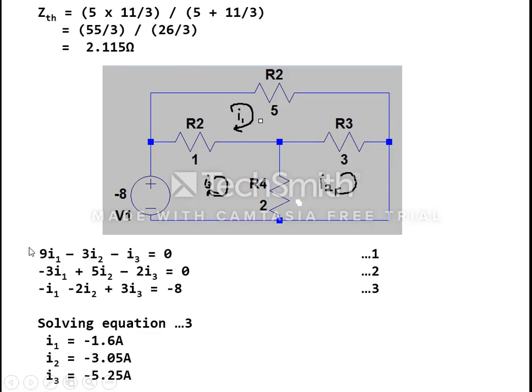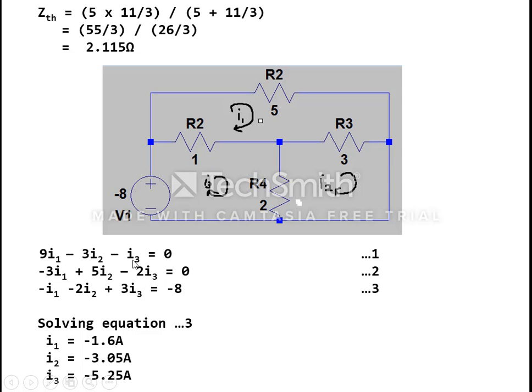Now for finding VTH, you should take three loops: I1, I2, I3. For I1, you get 9I1 minus 3I2 minus I3 is equal to 0. For I2, you get minus 3I1 plus 5I2 minus 2I3 is equal to 0.